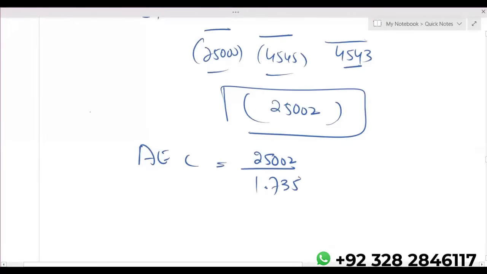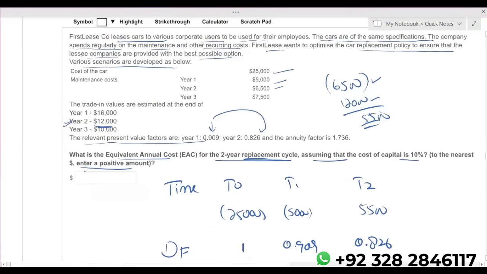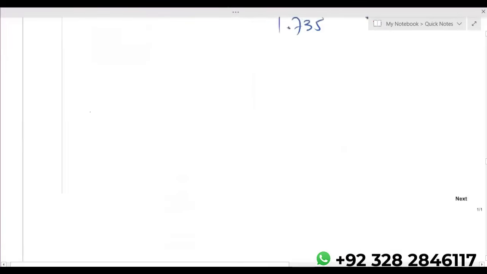Let's see what we are getting. Even if you're writing negative here, I'm getting 14,410. But when you are entering this value, you have to write positive. Any answer? Okay, enter a positive amount, 14,410.